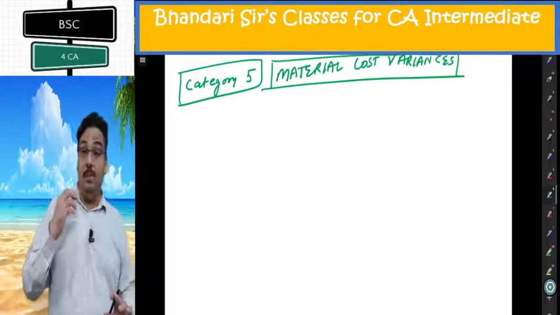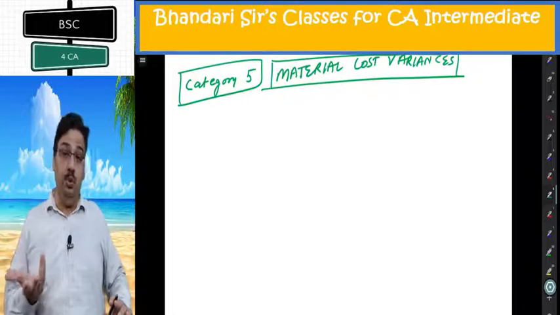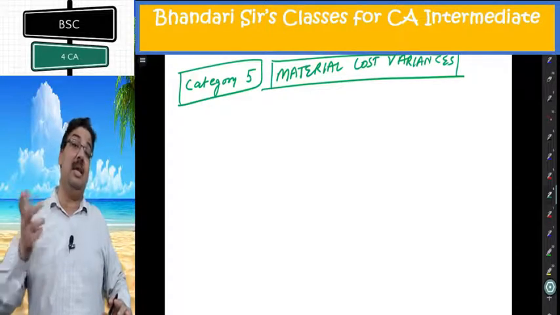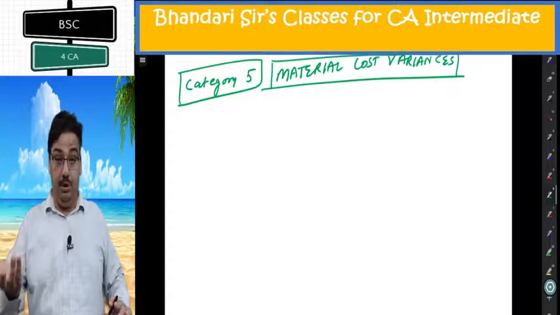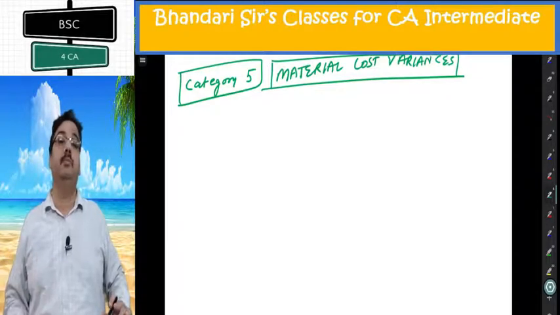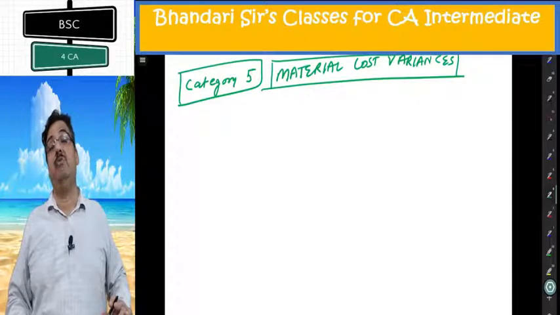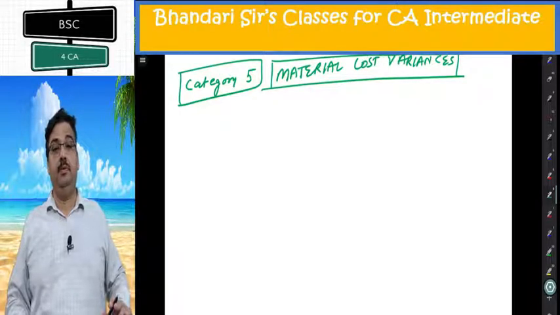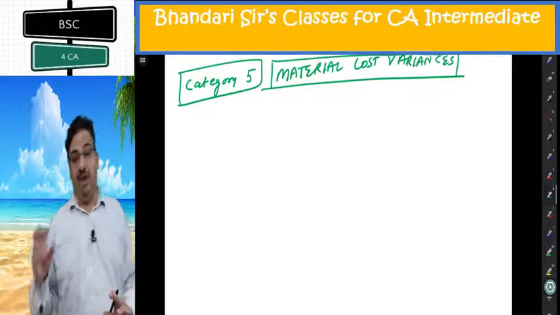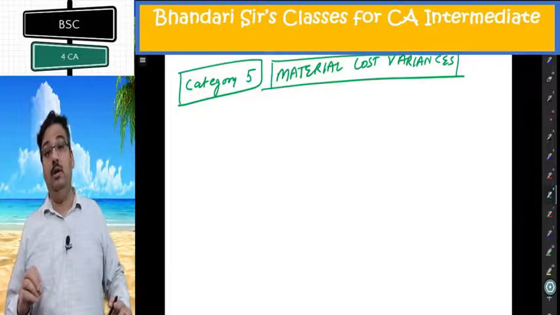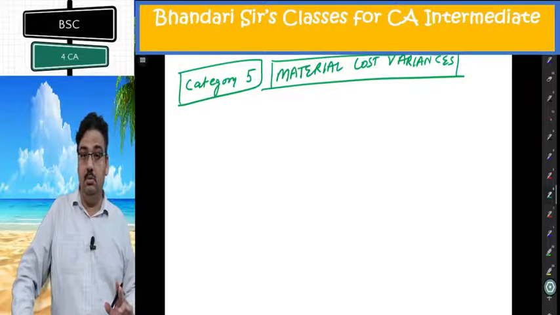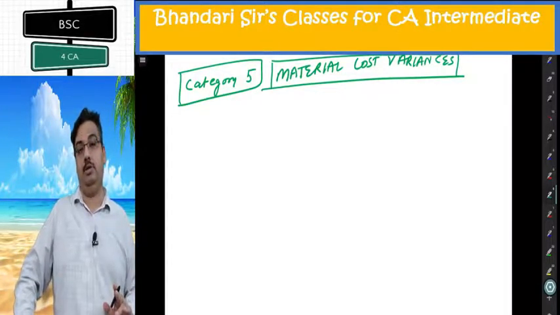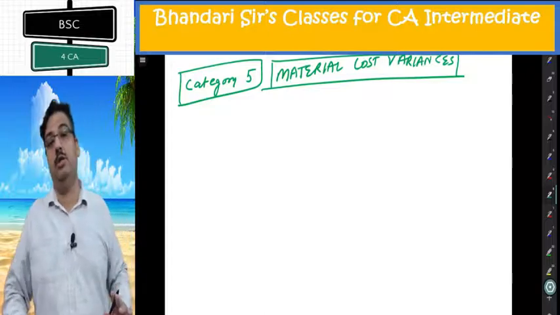Now usage can be different either due to differences in mix. Costlier item I used in higher proportion than the cheaper item, it will be adverse mix variance. And other than that, difference in input output ratio will create what? Yield variance or sub usage variance. Yield or sub usage, one and the same thing.